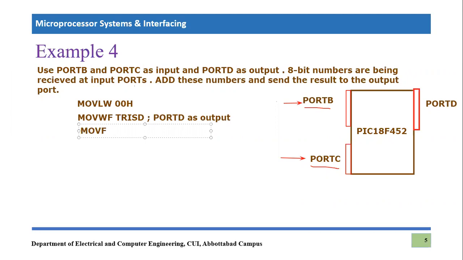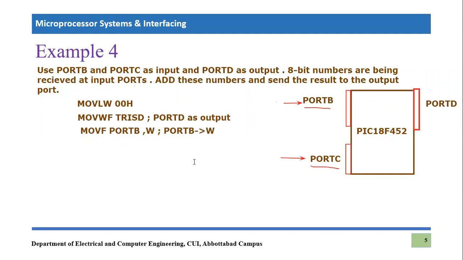Let's say we are moving the file which is port B into the working register. It will send the content of port B into working. So this is the function of this command.